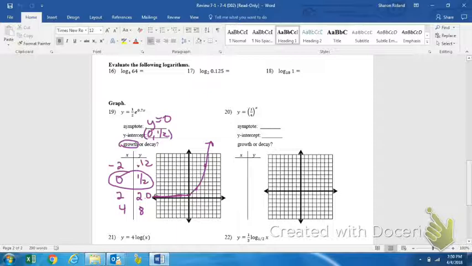So I'm going to do -1/4, 1.25. Oh, I forgot 0. So 0, 1, and 2 is going to be 0.06.